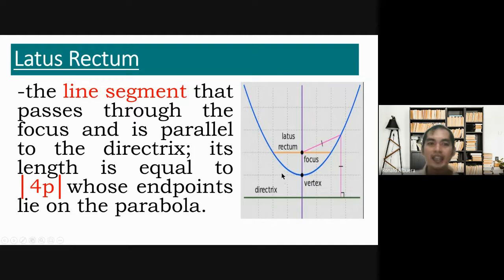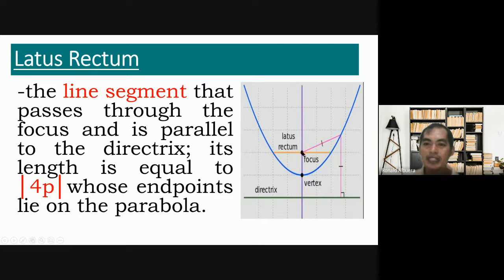Okay. How about the length of the latus rectum? It's 4p. Pag sinabing 4p, whatever the length from the vertex to the focus represented by p, times 4, that's the length of the latus rectum.